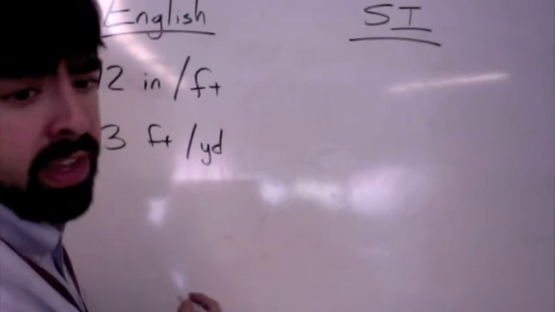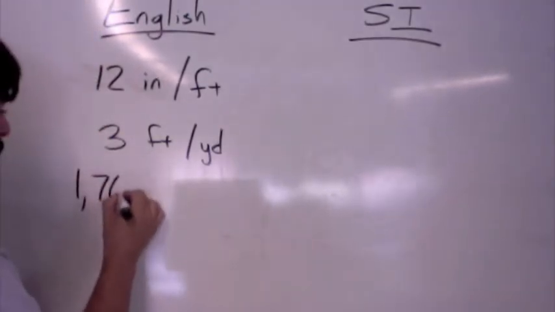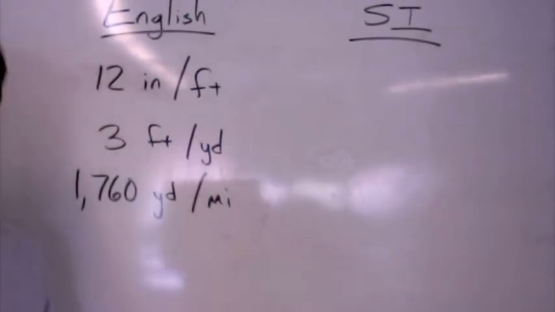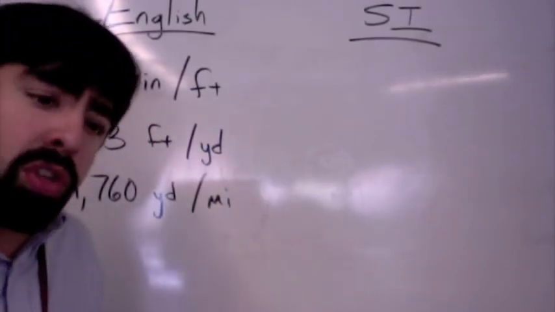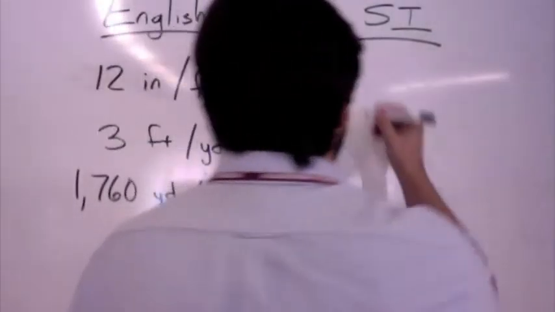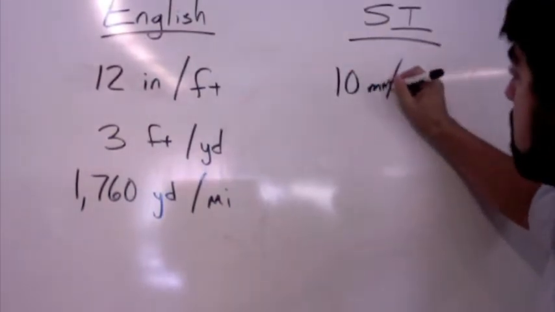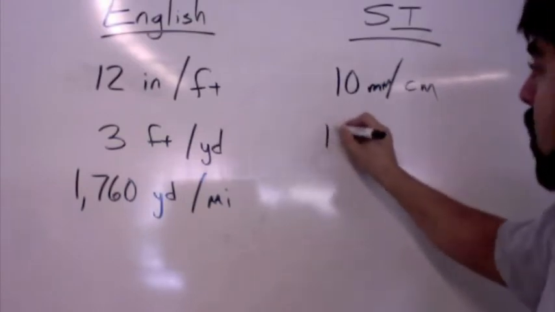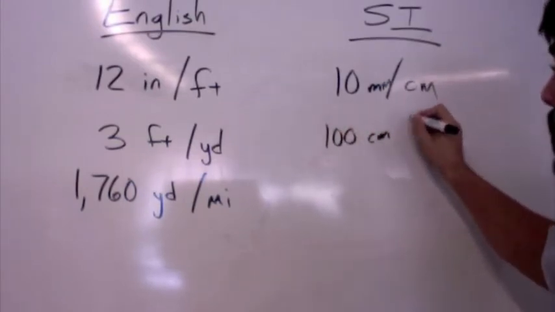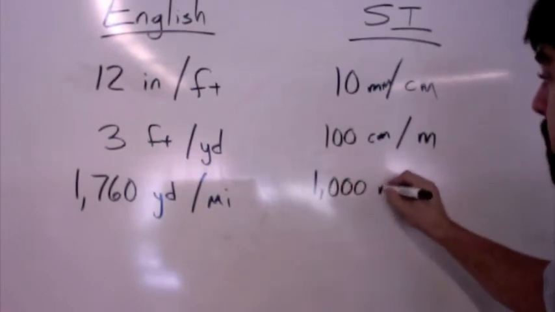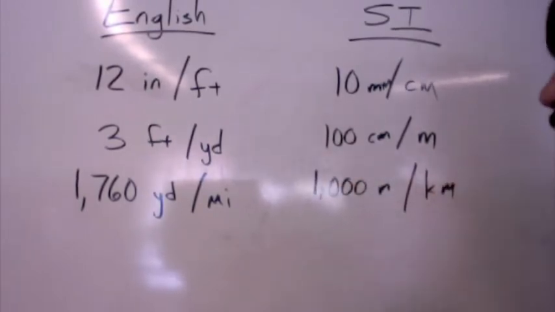And then there's, let's get this right, 1,760 yards in a mile. Okay, so what's next? Metrically, there's 10 millimeters per centimeter, 100 centimeters per meter, and 1,000 meters per kilometer.